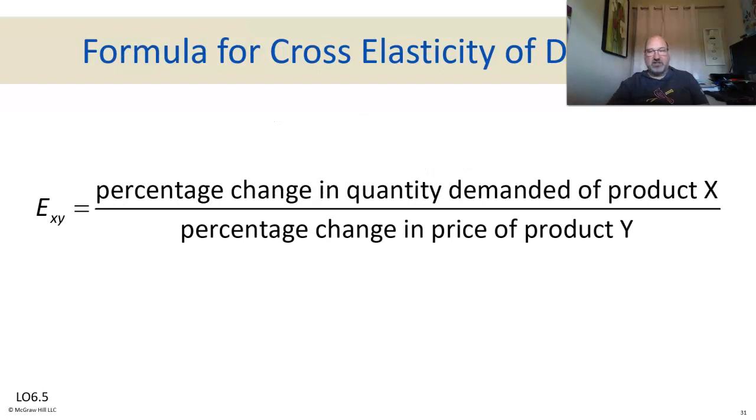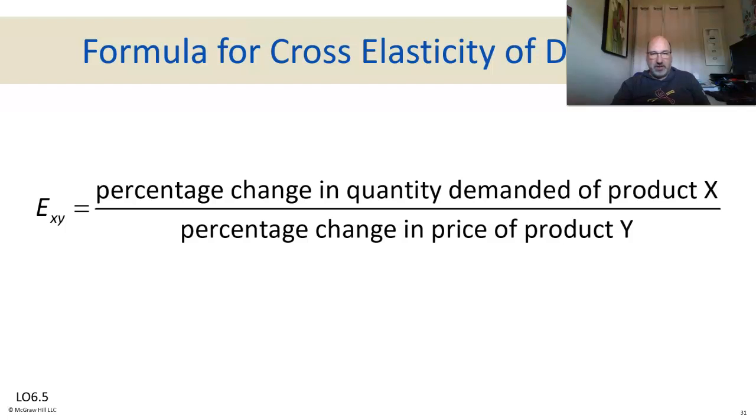Cross price elasticity of demand. We did substitutes and complements in chapter 3, but here is the time to talk about how you know that it is a substitute or complement. You do that with cross price elasticity, which is notated E sub XY.